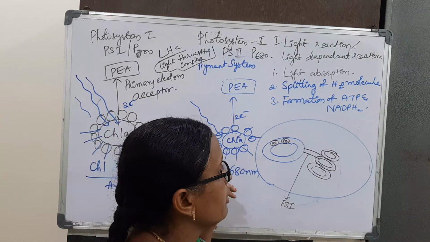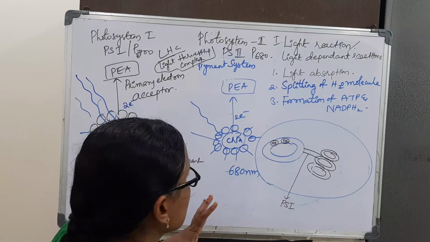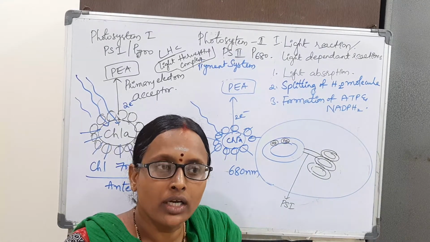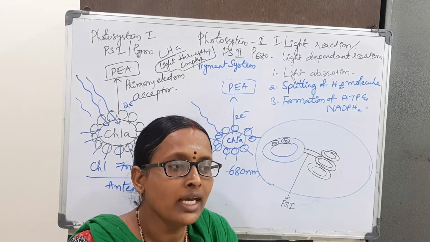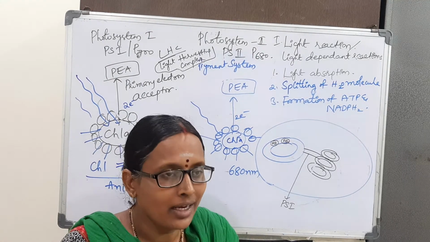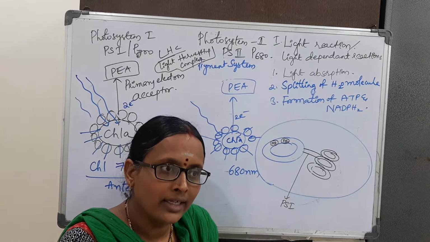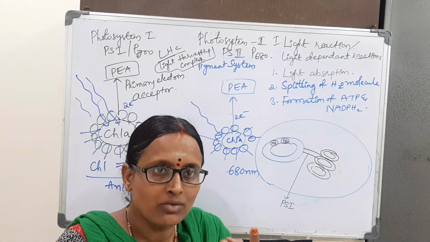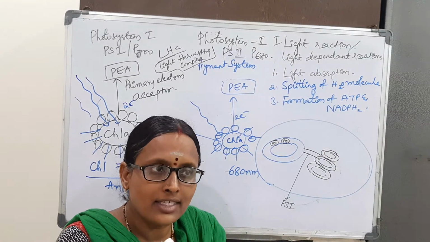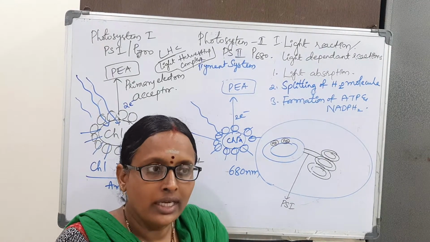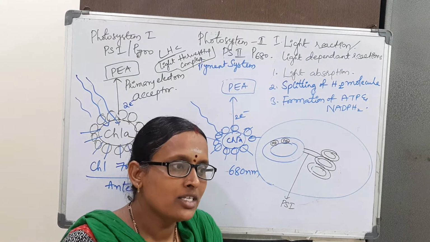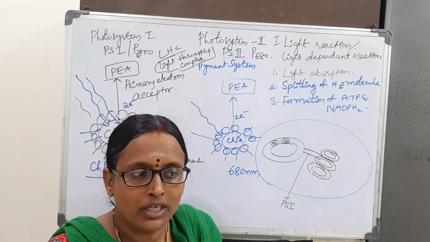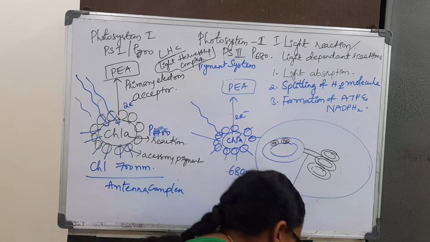Once again, let us recapitulate. The quantasome or photosynthetic unit is present in the thylakoid membranes to capture the light. It has at least one chlorophyll molecule and other accessory pigments. They take the light and release an excited electron, which is accepted by the primary electron acceptor.